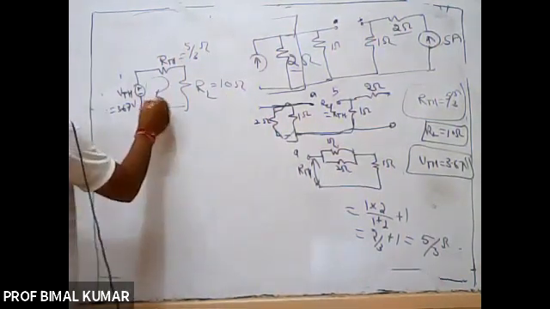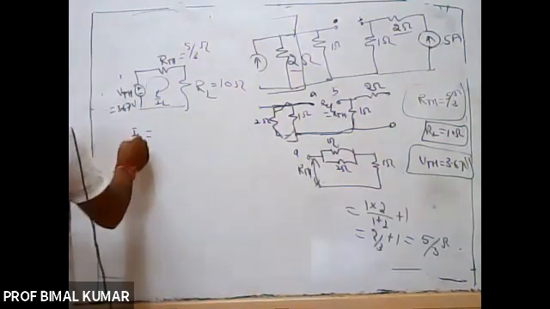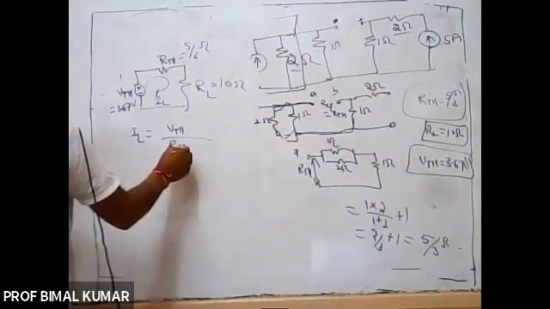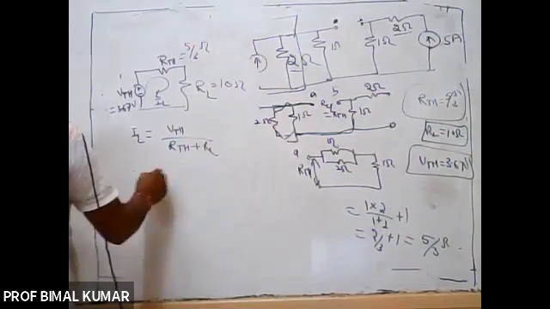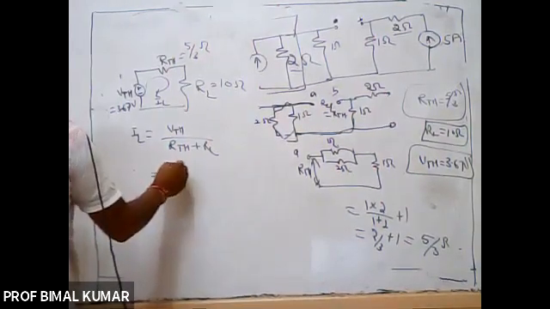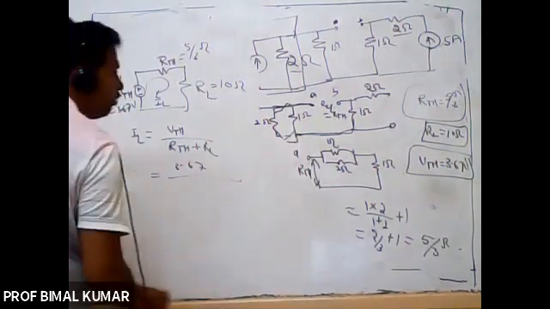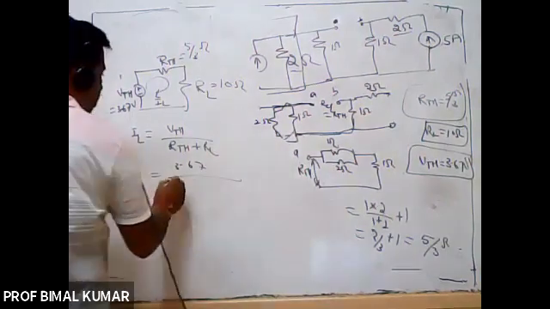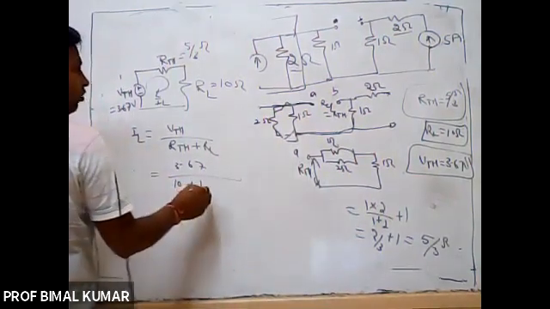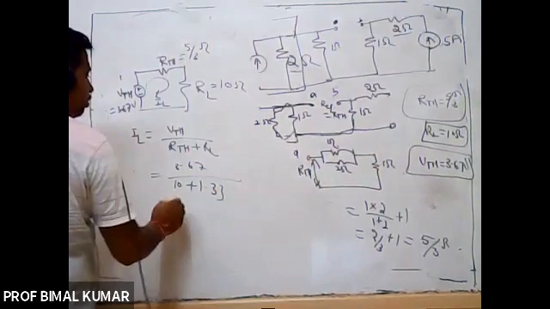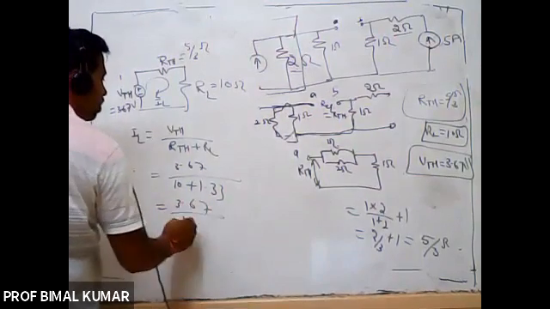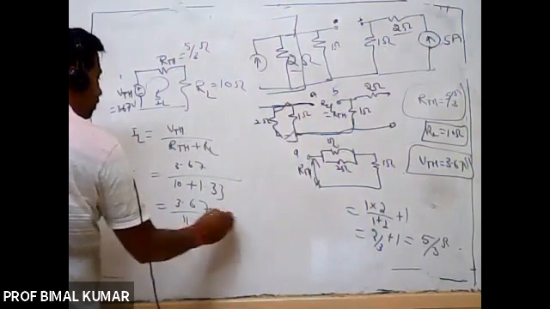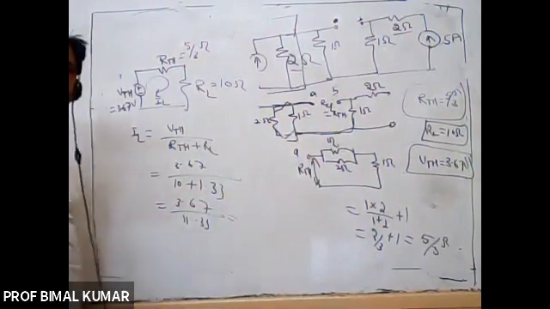So IL is equal to VTH divided by RTH plus RL. So this will be 3.67 divided by 10 plus 1.33, that is 3.67 divided by 11.33. You may calculate it. That will be the required answer.